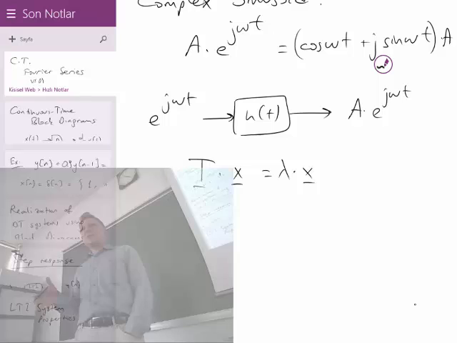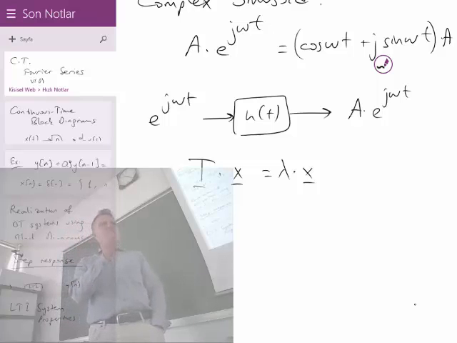So the vector comes into the system T, and the output is the same vector X scaled. Do we have a specific name for such vectors? It's an eigenvector, right? And then lambda would correspond to the eigenvalue of the system T.